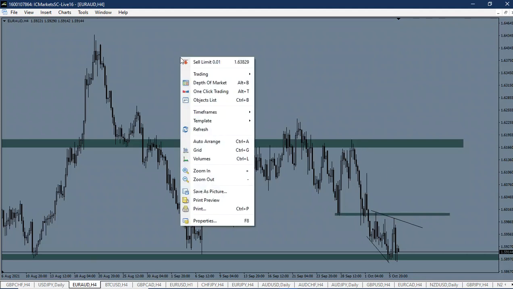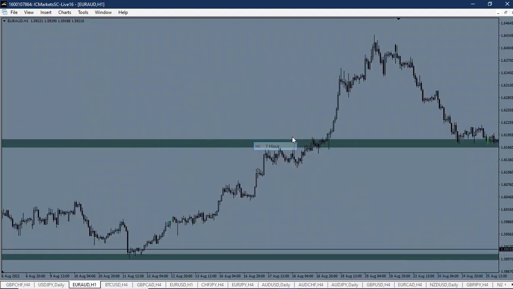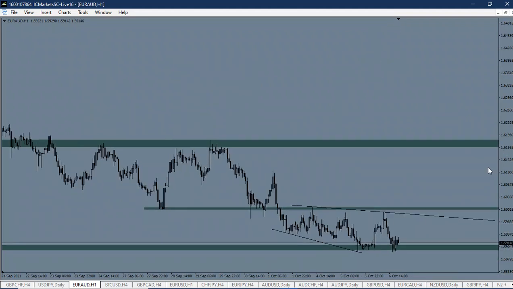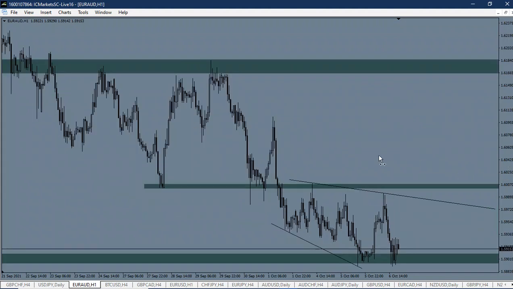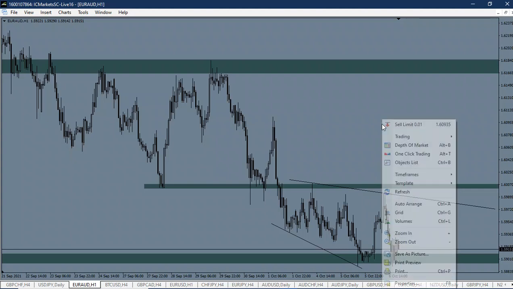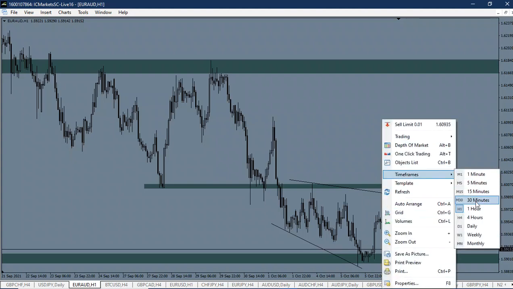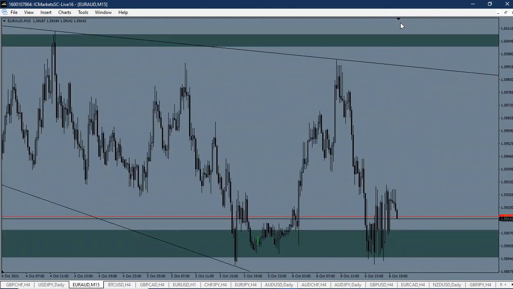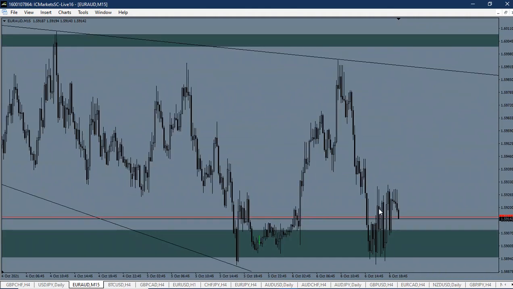So moving towards a lower time frame, we can see that we are having rejections at the support level right there.